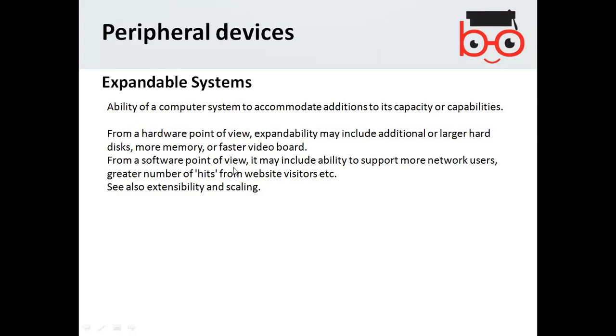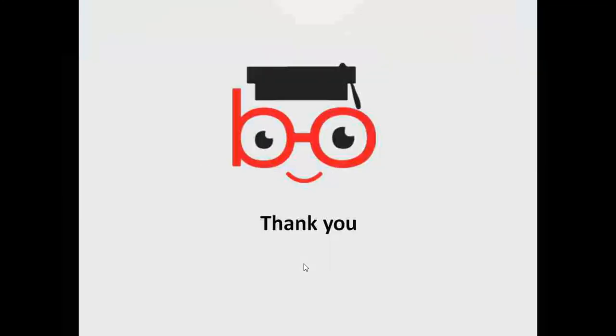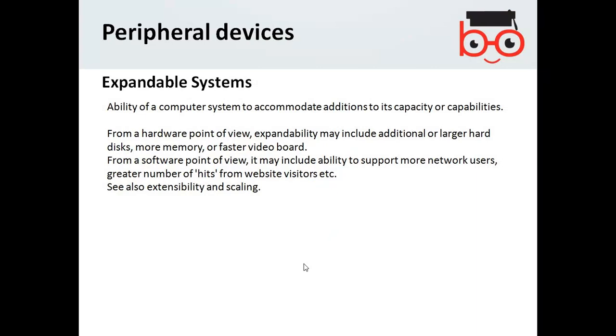From a software point of view, it may include the ability to support more network users, or handle a greater number of hits on a website, etc. So expandable computers should have the ability to scale the capacity of usage in terms of hardware and software. So that's about the first session.